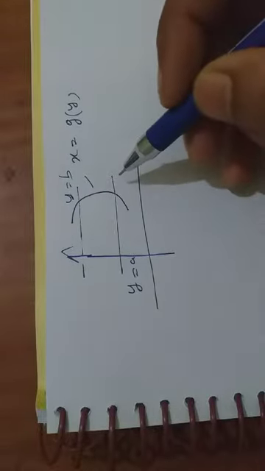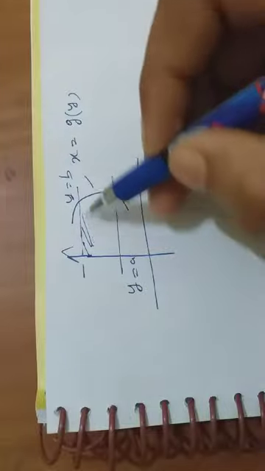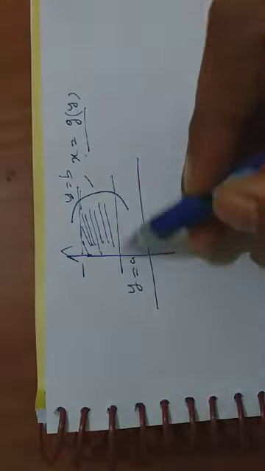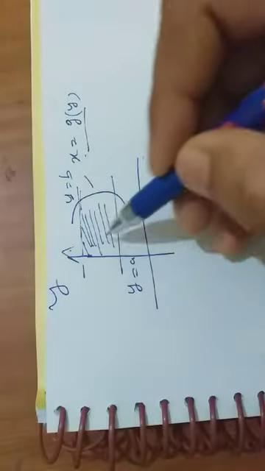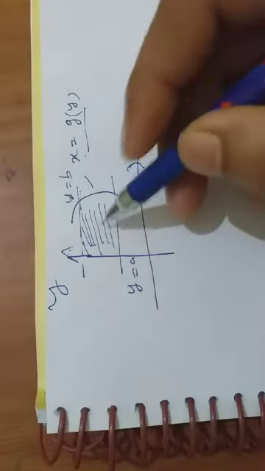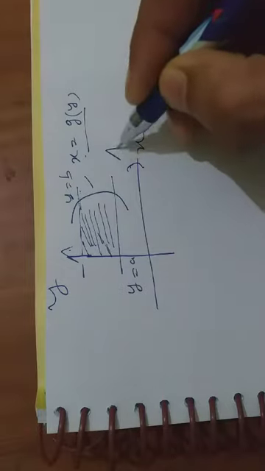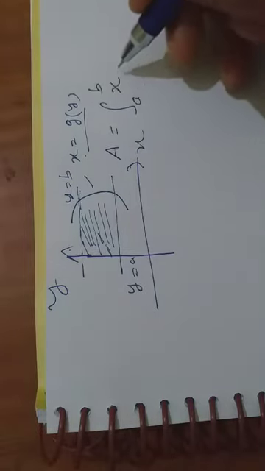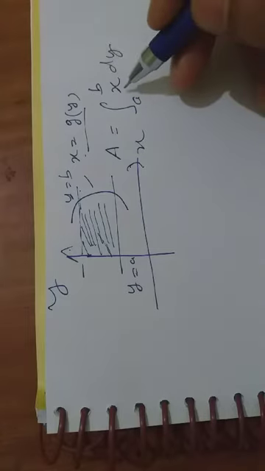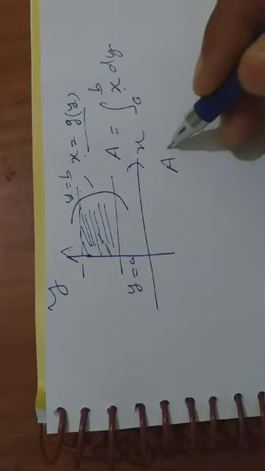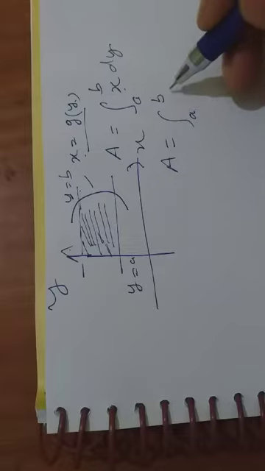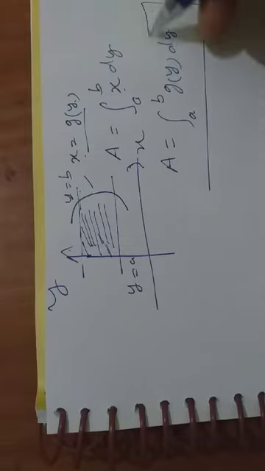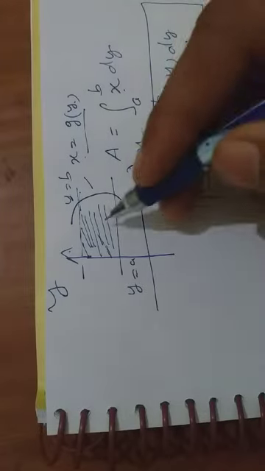So we can also find this area between x equal to g(y), y equal to b, y equal to a and the y axis. This area can be obtained by the expression A is equal to integral a to b x dy, where x is equal to g(y). So A is equal to integral a to b g(y) dy. This is the required area in this case.